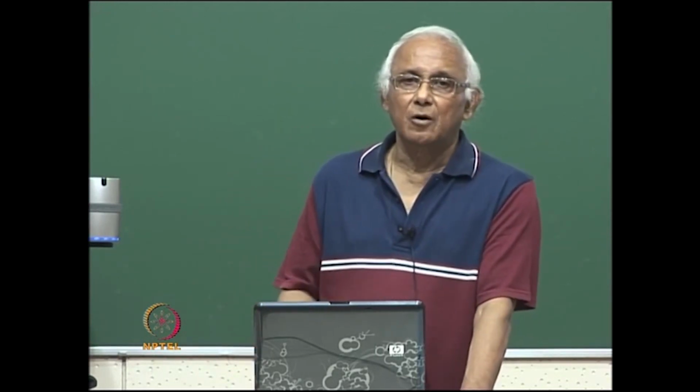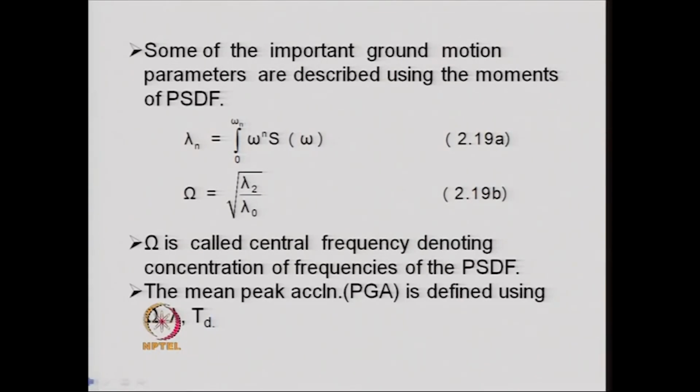Next, for many calculations, we require the moments of the power spectral density function of the ground motion. Now the nth moment of the power spectral density function is defined as omega to the power n multiplied by S omega, and there will be a d omega.